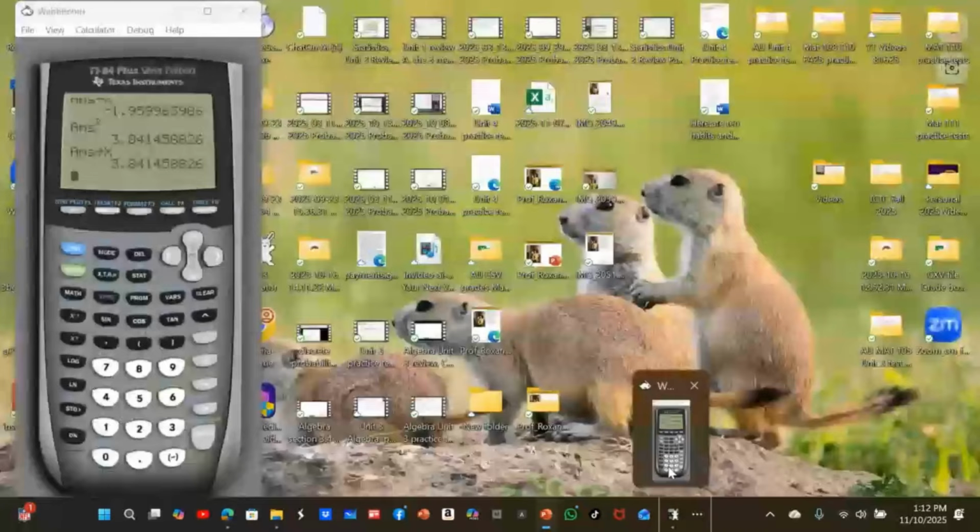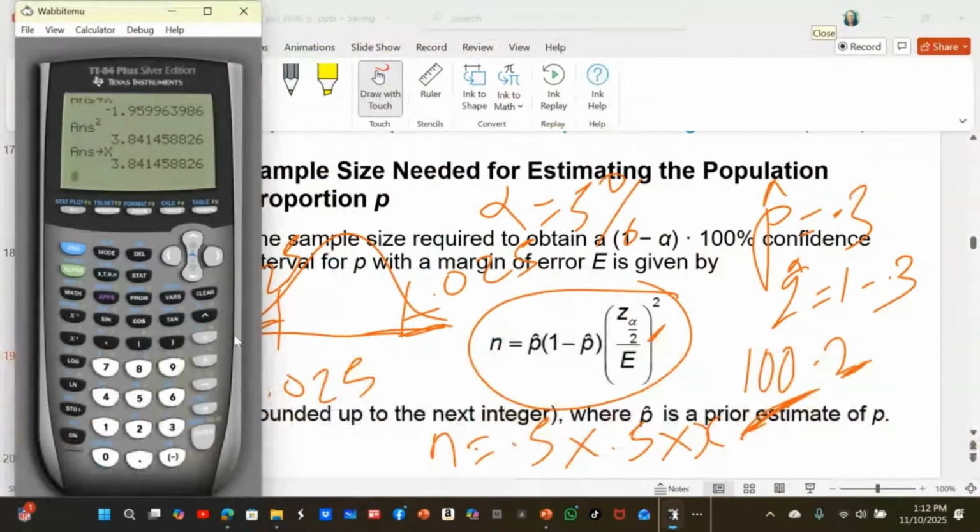So I'm going to go back to my calculator and multiply my answer by 0.25, and I'll get an answer. That answer is approximately 0.996. But I have to round it up to 1. So the sample size is approximately 1, because sample size cannot be a decimal.